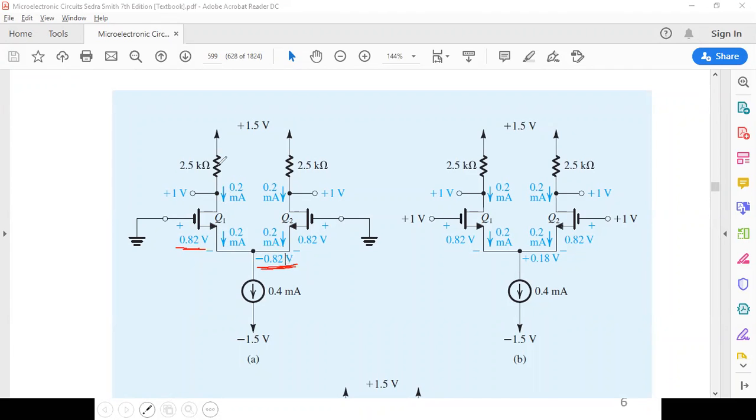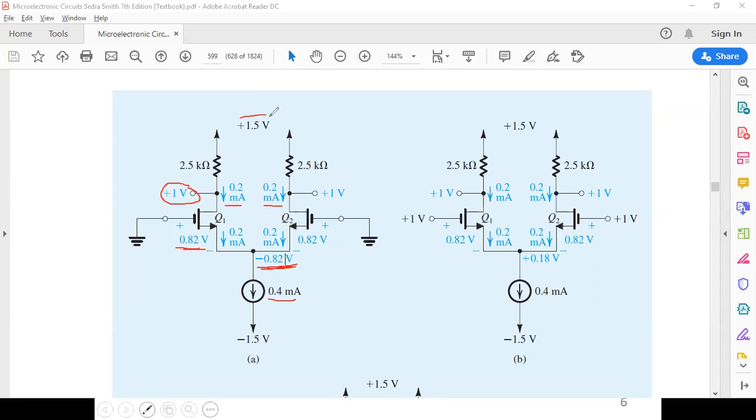Okay, how much is I1? Well, I1 will be half of I, which is 0.4. So half of it will be here, which is 0.2 milliamperes, and half of it will be here, so it's 0.2 as well. Well, we can find the voltage here directly. How?